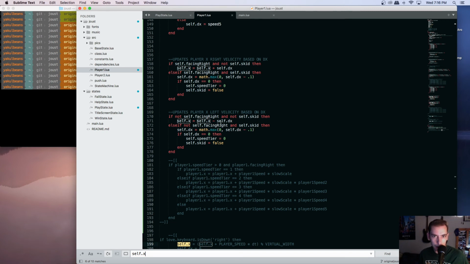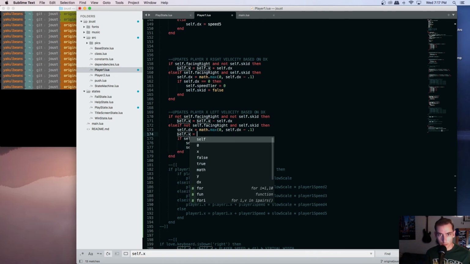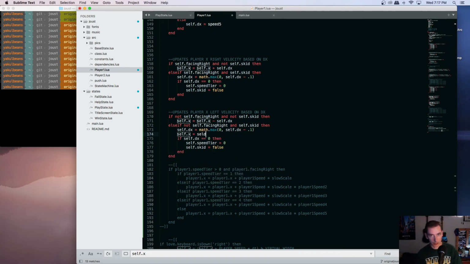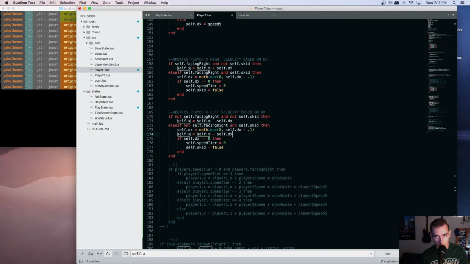So we need something like this, where we do the dx stuff, but then set its X to be its current X, shifted by that dx, just like above, except that when it gets to 0, reset the skid flag.